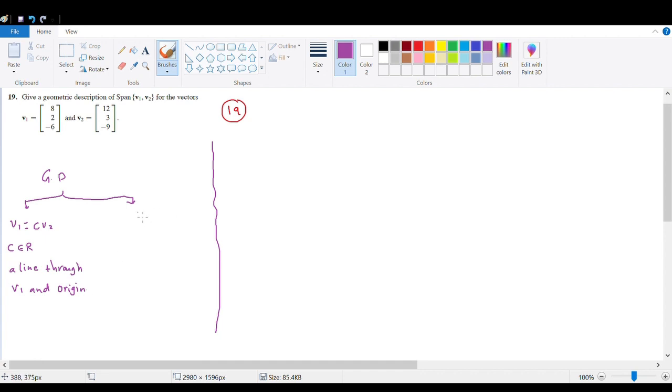But for the case if v1 cannot be written as c v2, that means we have the geometric description which is a plane spanned by v1, v2.